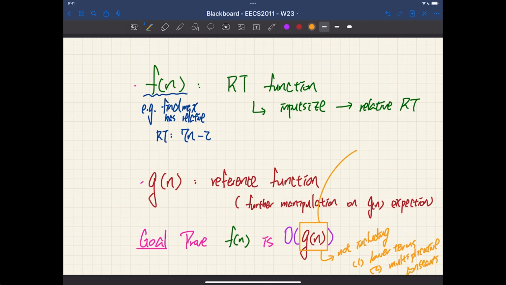For example, you wouldn't say big O of 2 times n, because you shouldn't include the multiplicative constant. Also, you wouldn't say big O of 2n plus 3, because the 3 is a lower term, and the 2 is a multiplicative constant. All you do is big O of just n. This notion will be repeated once we have seen more big O examples. Yes?